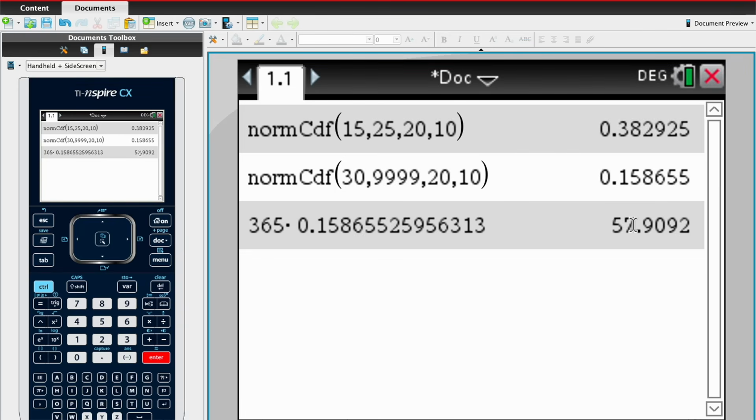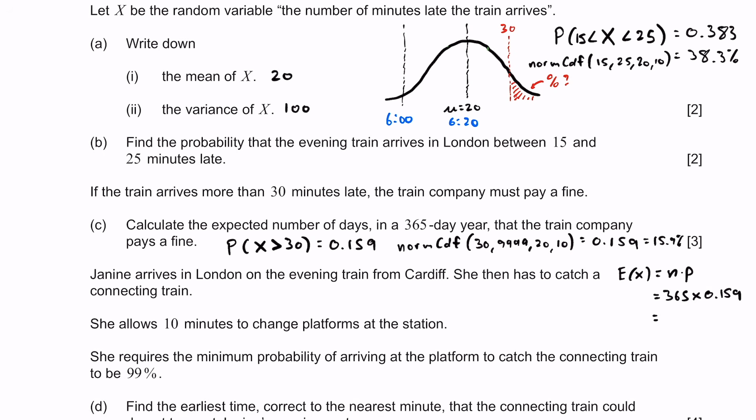In this case, we could actually leave this as a decimal. So going back to the document here, we can write this as 57.9. And you might be wondering, shouldn't we have a whole number value? That is to say, a train can't arrive 0.9 of a day late.